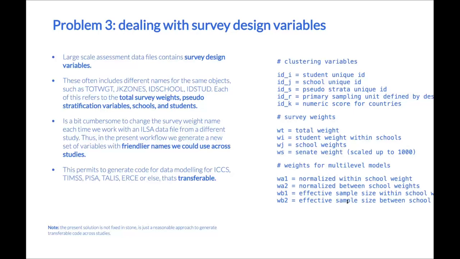In the references of this presentation is the reference to Stapleton from 2013. Stapleton makes a thorough revision of the features of these two types of scale weights and when one is more convenient than the other. With larger samples, they tend to behave in a similar way, but there are edge cases in which one of the two may be more convenient than the other one.